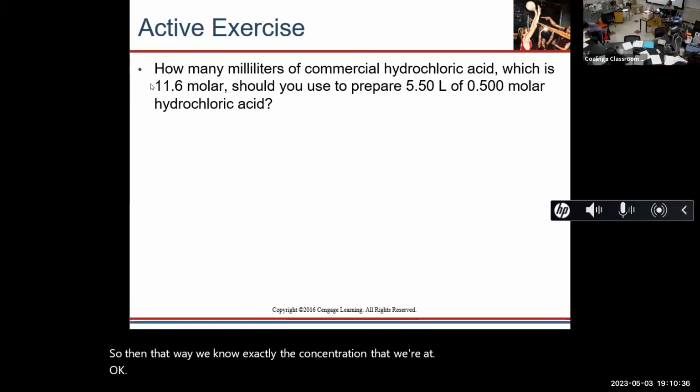Okay, so our question is, how many milliliters of commercial hydrochloric acid, which is 11.6 molar, should be used to prepare 5.50 liters of 0.500 molar hydrochloric acid?